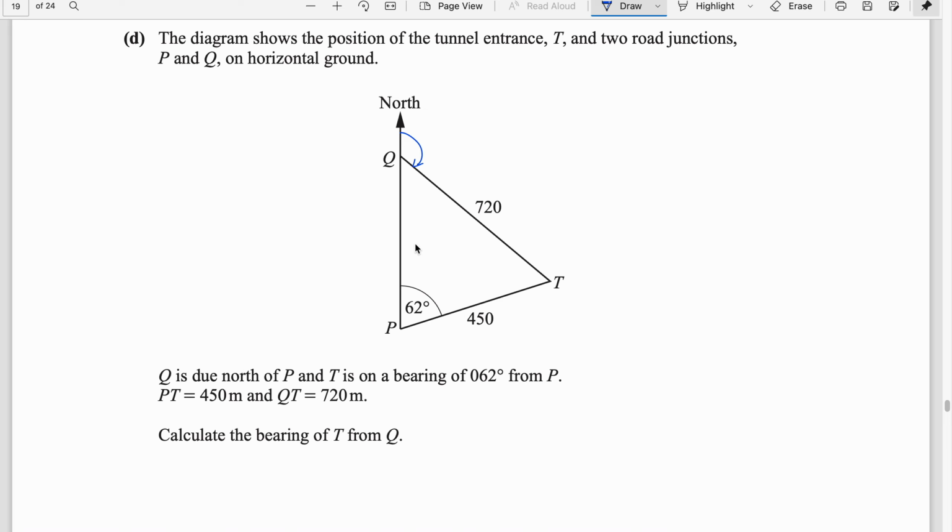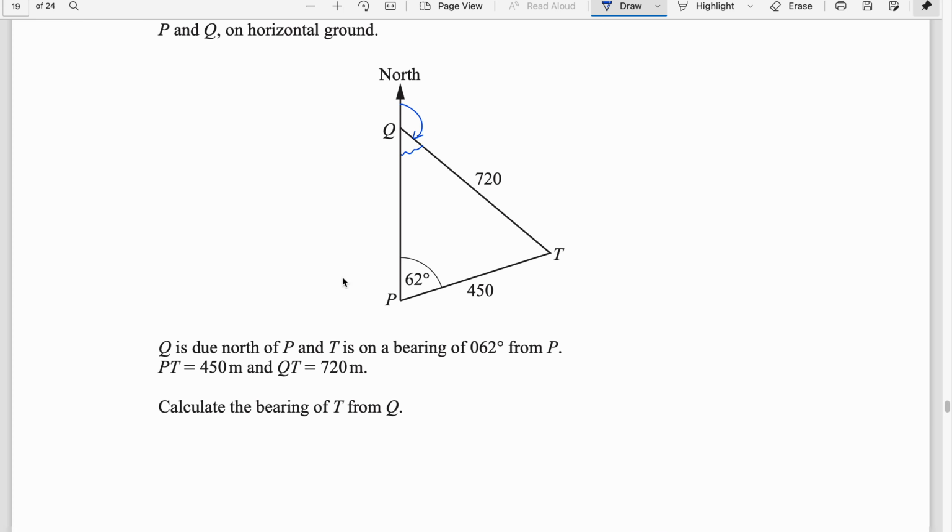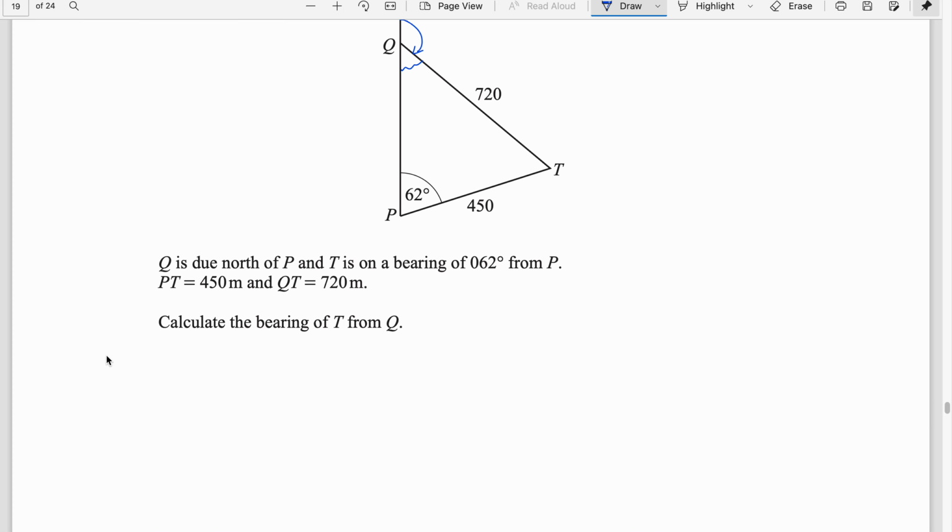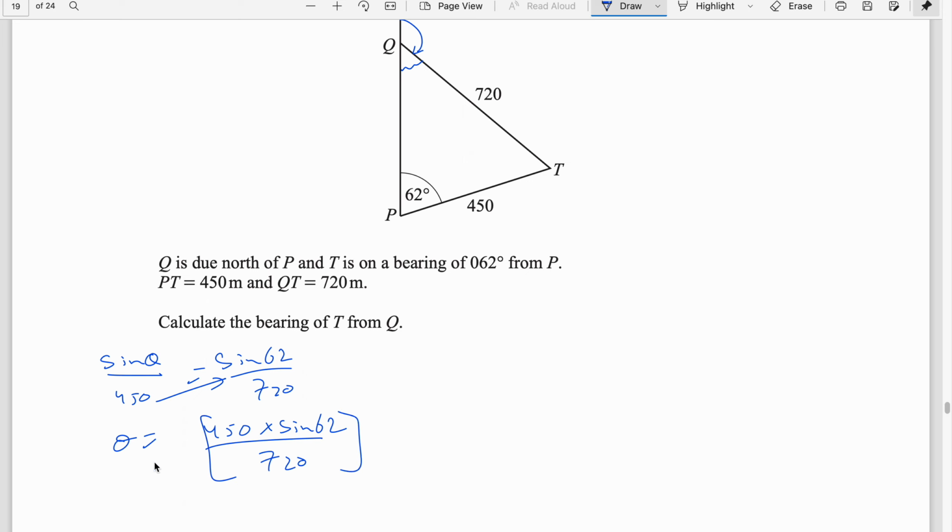So I'm first going to find this unknown angle using the sine rule. So sine Q over 450 is equal to sine 62 over 720. So Q is equal to, cross multiplying this, 450 times sine 62 divided by 720, and sine inverse on the other side.